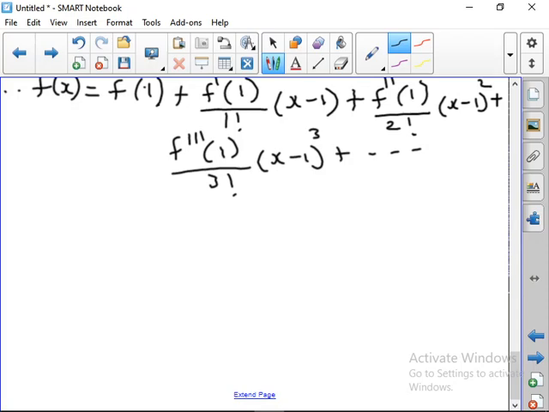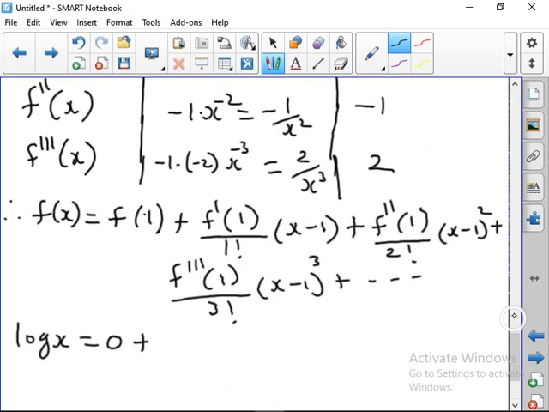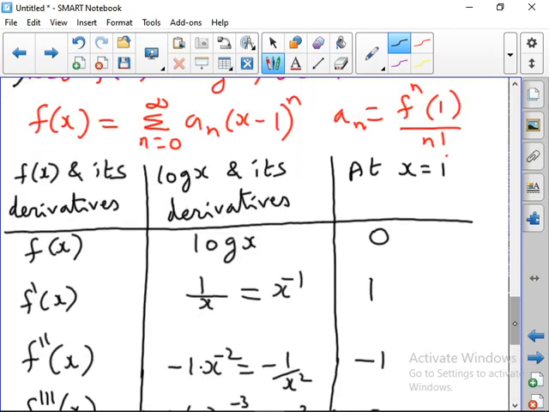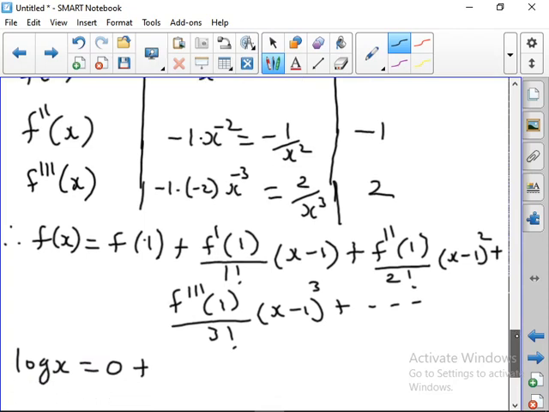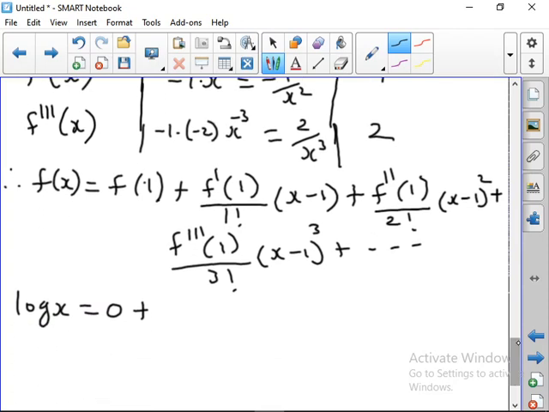Okay. So now we will substitute. What is f of x? F of x is log x equal to f of 1. What is f of 1? 0. Plus f dash of 1. What is f dash of 1? F dash of 1 is 1.